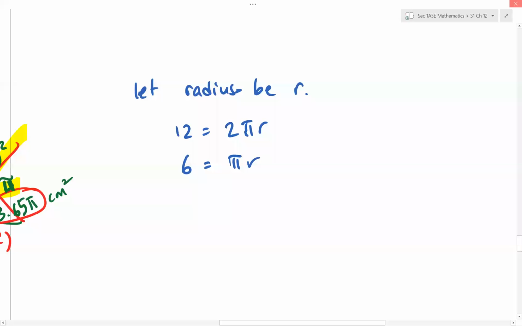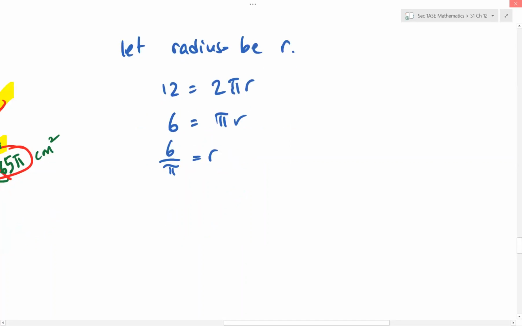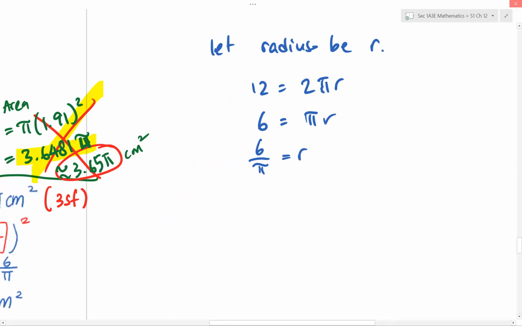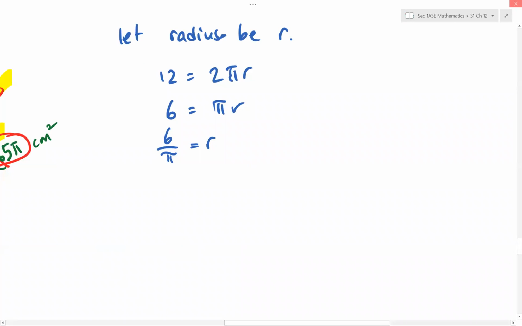Now you divide by pi on both sides. 6 over pi equals r. You can use your calculator and find out what is 6 over pi. Of course you're going to end up with 1.9099. That is the value of r. But watch what happens. I don't want to evaluate this. I leave it like this.